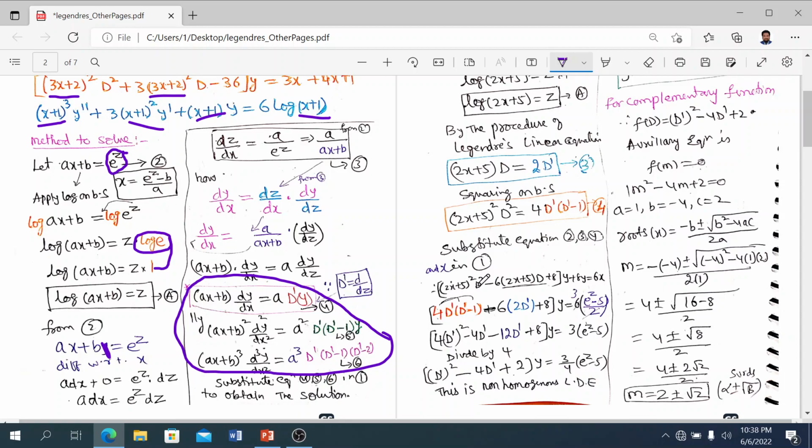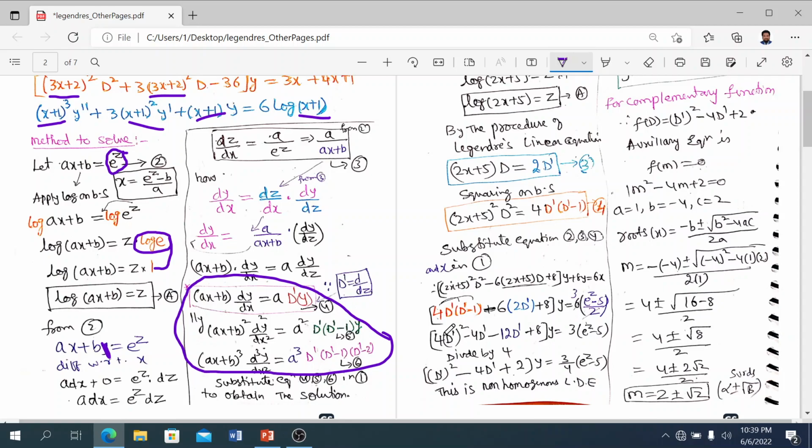(2x plus 5) whole square d square means 4 d prime into (d prime minus 1), minus 6, what is this, 2 d dash, plus 8 into y is equal to 6x. What is the x value we have seen, e power of z minus 5 by 2. 2 ones are 2, 3 twos are 6, so 3 into (e power of z minus 5) on the right side. Now simplify this: 4 d prime whole square minus 4 d prime, minus 12 d dash plus 8 into y equal to this one.